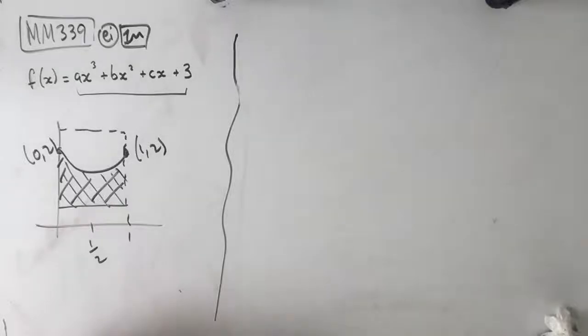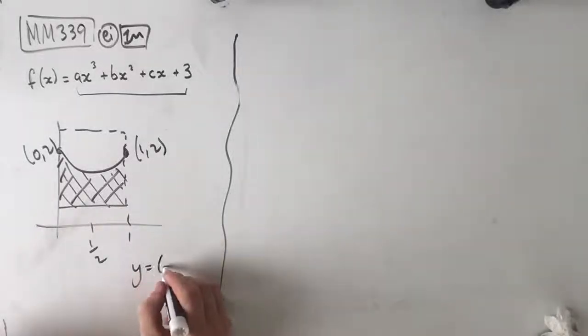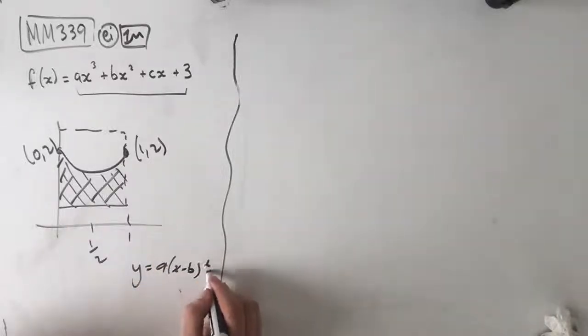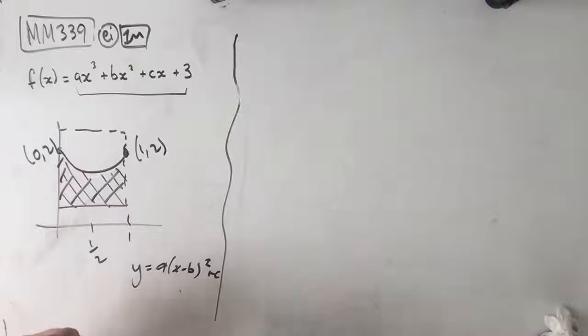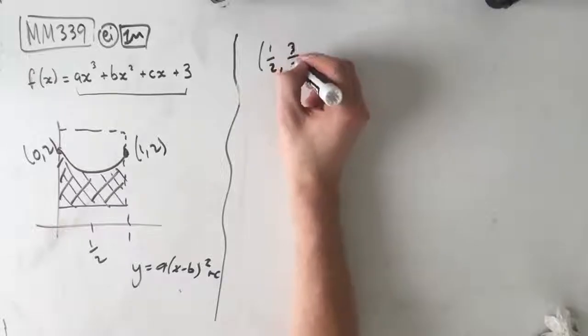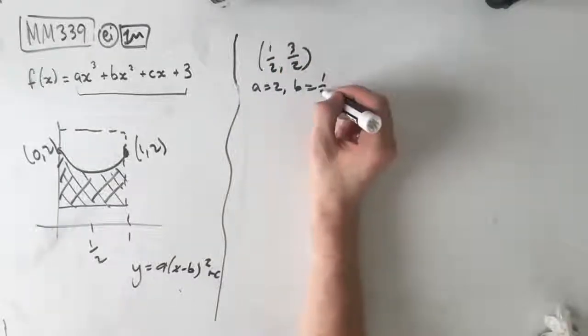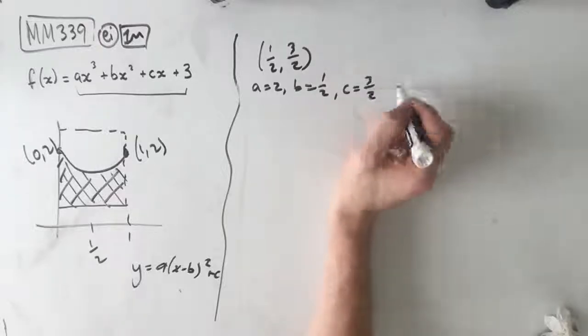Awesome. So we've got this mural, and we know that it is y equals a(x − b) squared plus c. Now, given that the graph passes through (1/2, 3/2), show that a equals 2, b equals 1/2, and c equals 3/2.